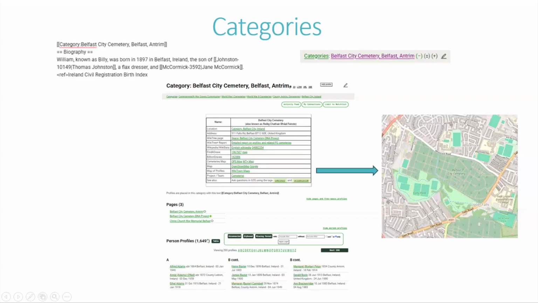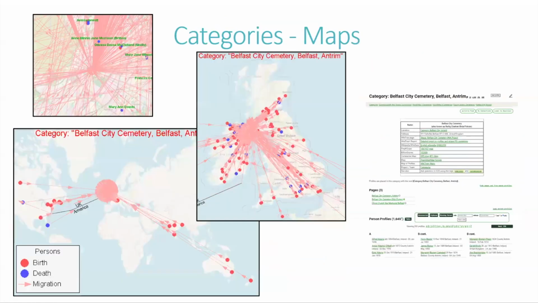And then another thing which I like is you can start to produce maps. And one of the things that we are doing on the Belfast City Cemetery project is we are looking at the origins of the people that are buried in the city cemetery, because basically it was created in the late 1800s when Belfast was growing rapidly, and the existing graveyards, which were managed by the various churches, became full and couldn't take any more graves.